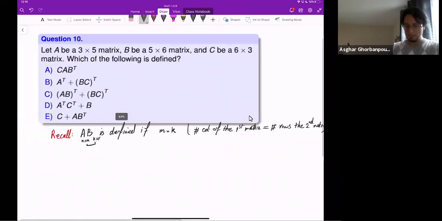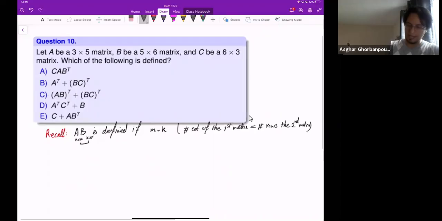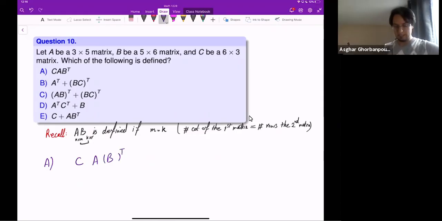Okay, so here let's just start with A. So we have C times A times B transpose. I'm writing it like that because I want to put the indices there. So C is 6 by 3. A is 3 by 5. And B is 5 by 6.